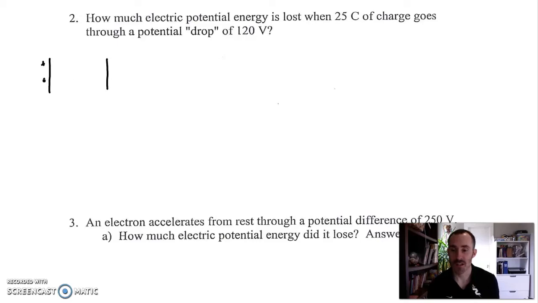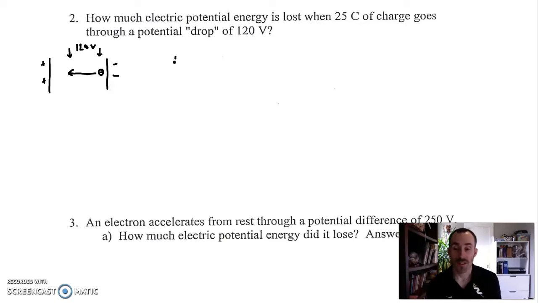Let's make this positive and this negative. So a potential drop of 120 volts would be like if a negative charge over here moved this way to another point between the two, and the difference between these two positions over here was 120 volts.